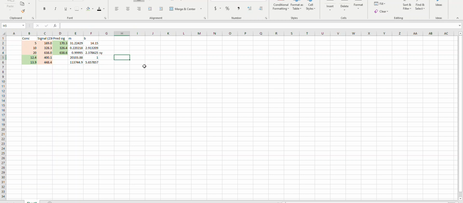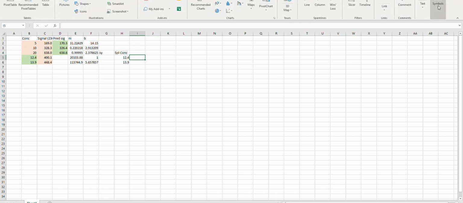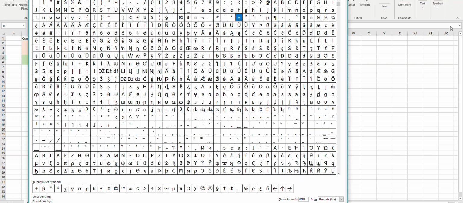So let's just go ahead and start making up a little table here. So we can just take that guy there. Right. So this is the sample concentration. And it's going to have a plus or minus value here, right? So we'll go to insert symbol. Symbol will be plus or minus.